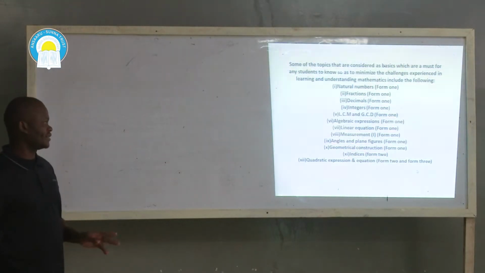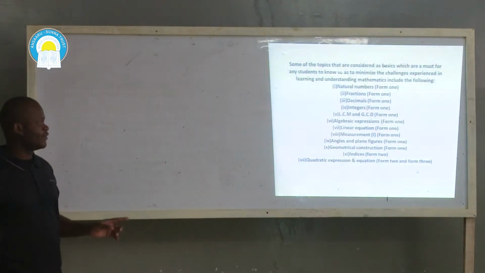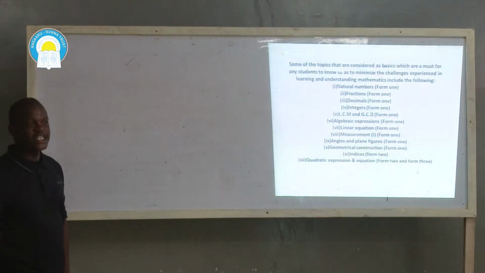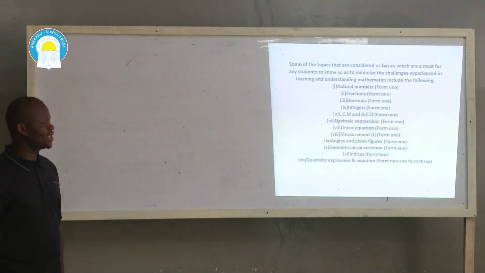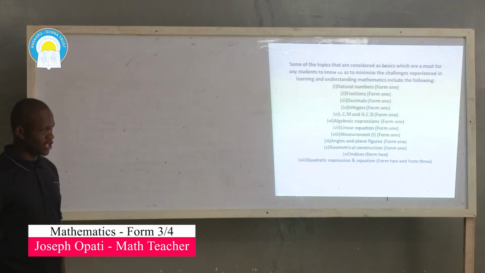So the topics, some of them are in Form 1, a number are in Form 2. For example, the first topic in Form 1 called natural numbers is a must know for any student. Now, fraction, Form 1, another topic. We have decimals, we have integers, we have LCM and GCD. All of them are in Form 1.